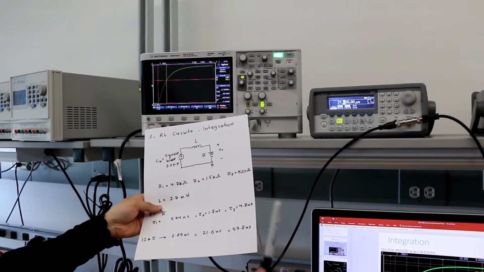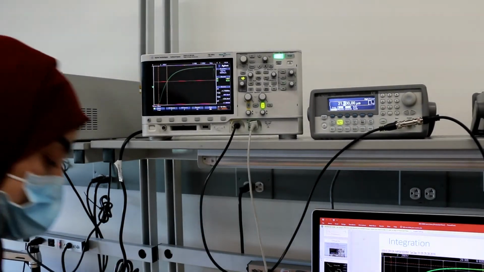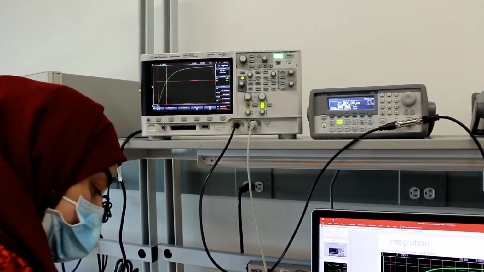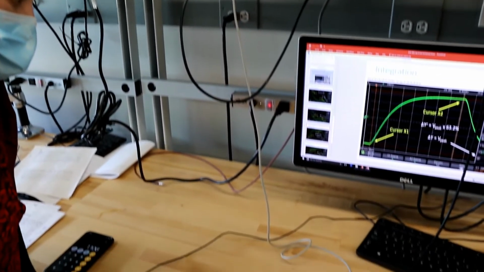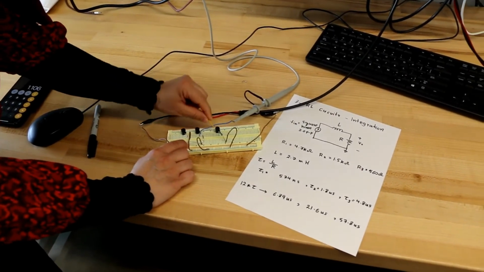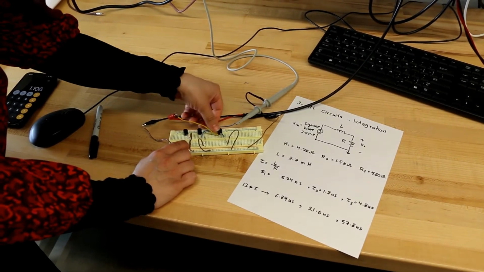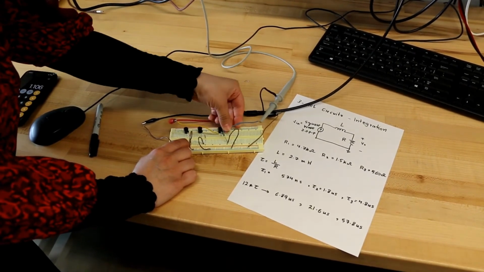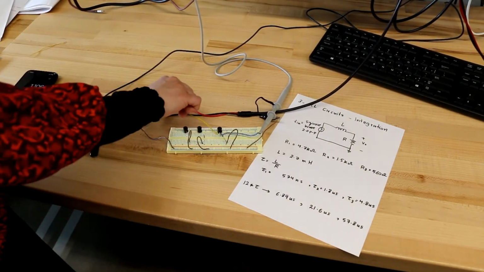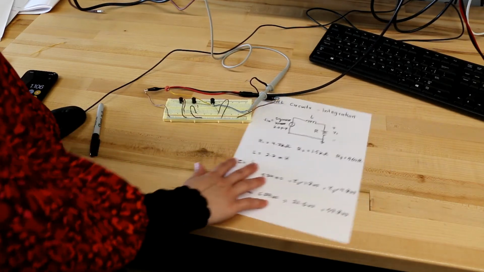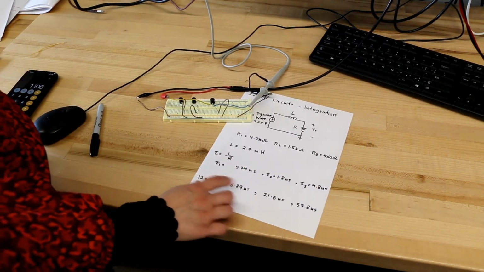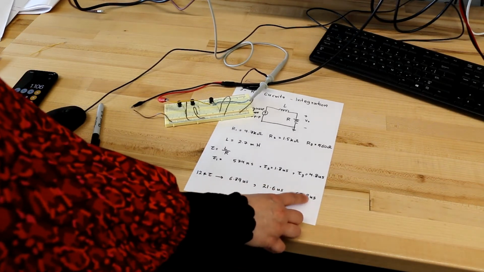Let's try the third circuit, which is the 560 ohms and 2.7 millihenry. So for this circuit, tau is 4.8 microseconds, and 12 times tau is 57.8 microseconds.